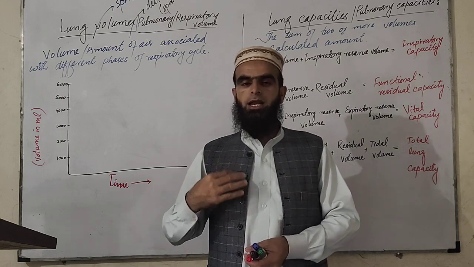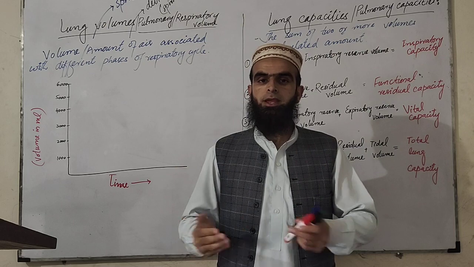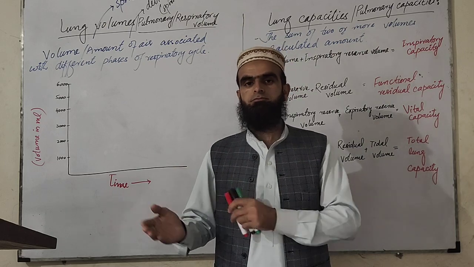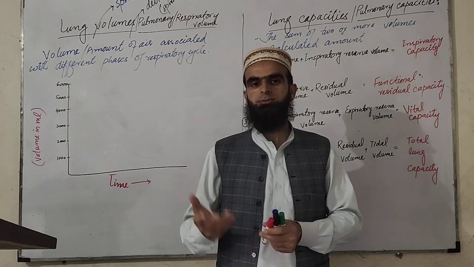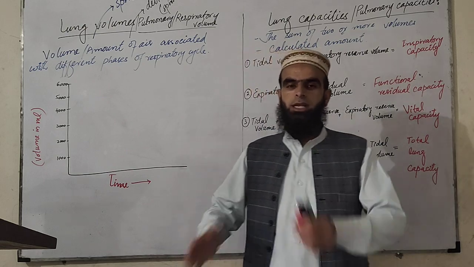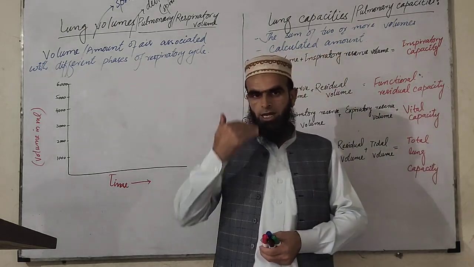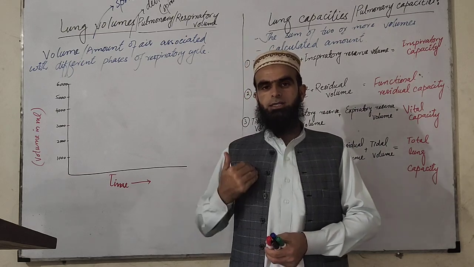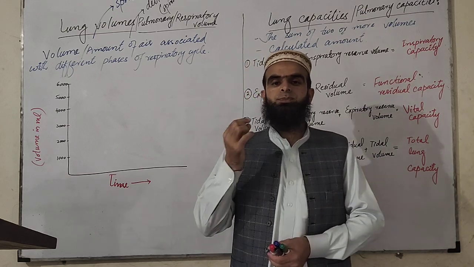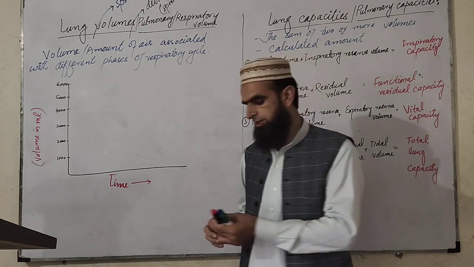If there is a forced inspiration or expiration, the amount of air inhaled and exhaled is increased. During normal breathing, the amount of air taken in and out is about 500 ml.